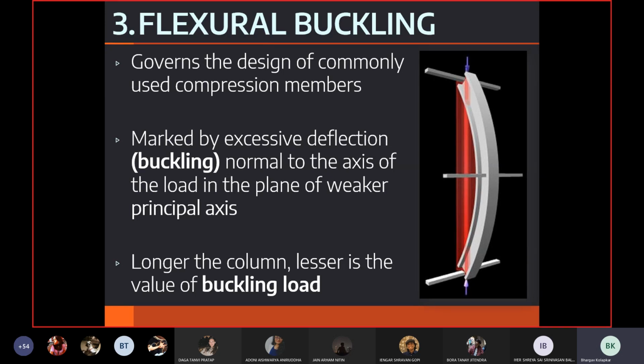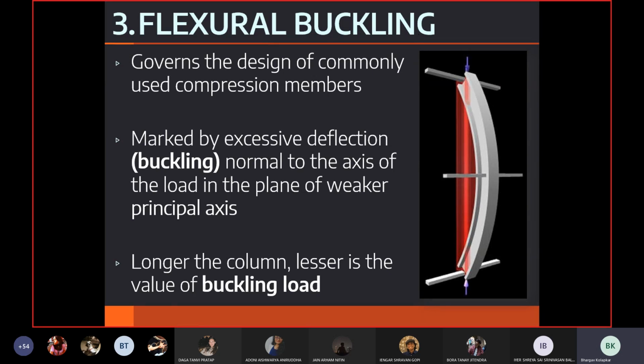Now, if you're applying a load that is along its length, why is it that it is deflecting perpendicular to that? So, this phenomenon in which there's a deflection which is normal to the axis of the load is called buckling. The load that you're applying is along the length of the member, but the deflection is perpendicular to that. This phenomenon is called buckling.